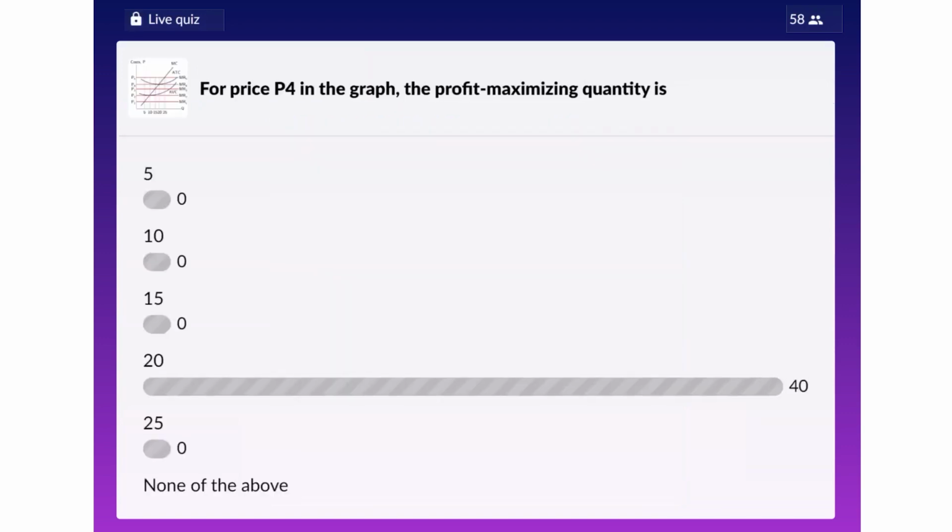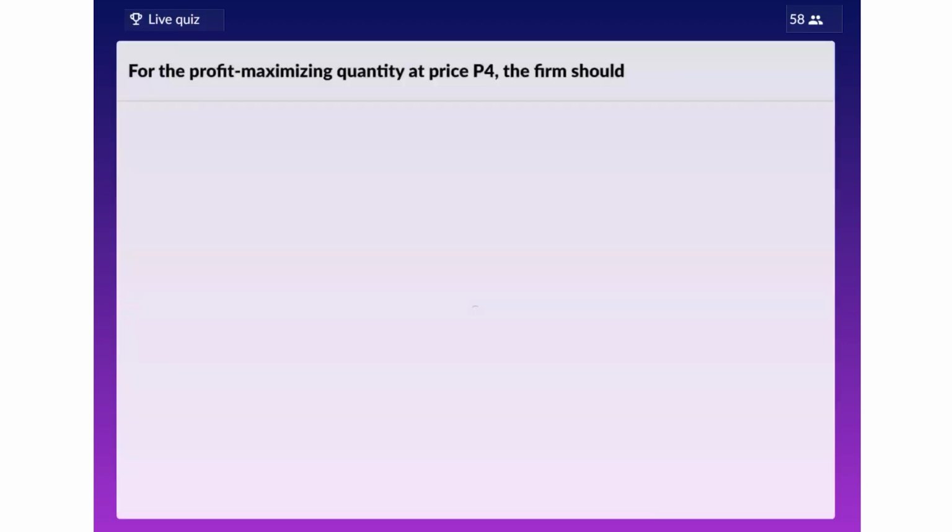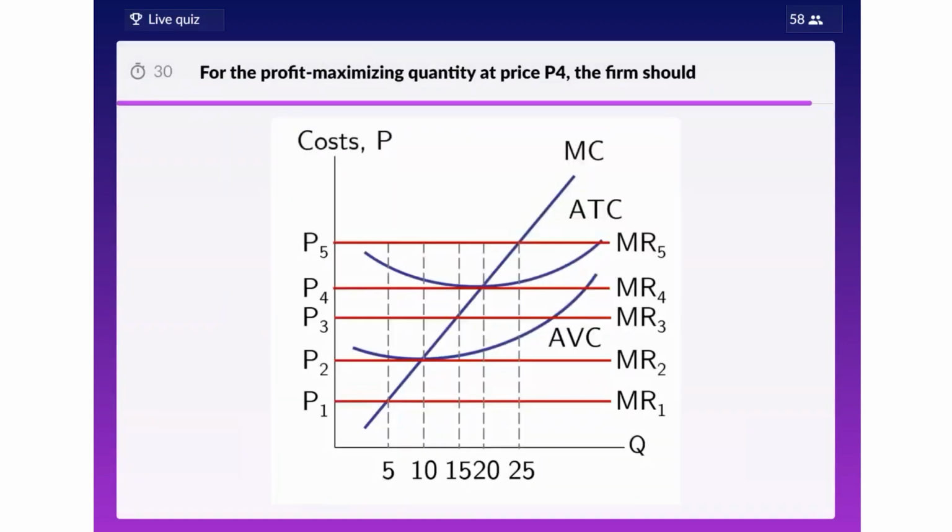Okay, let's take a look. So most of you say 20, and the answer is indeed 20. So what should a firm do at this price P4?